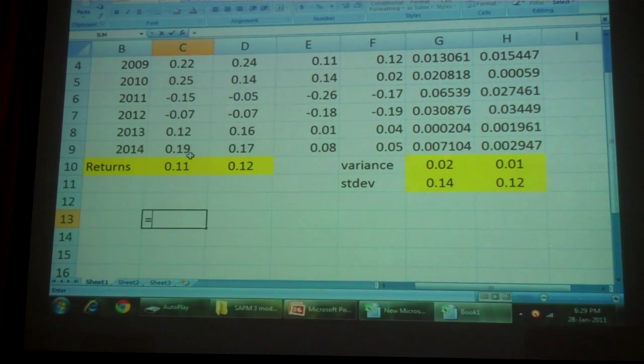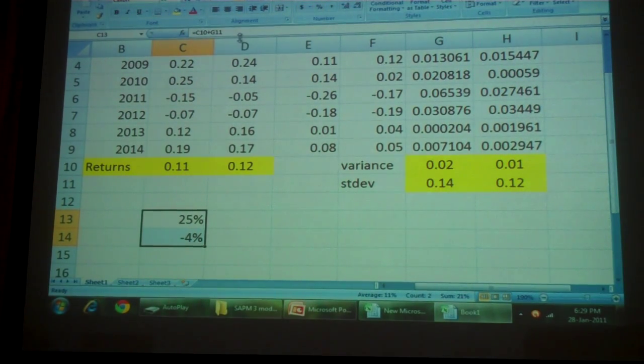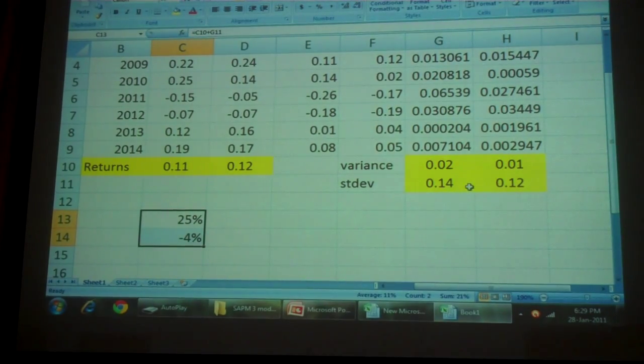So it can be 11% plus 14%, or 11% minus 14%. So you can expect something like this in future. Minus 4 to 25%, you can get any returns from this stock, because the deviation is like that.